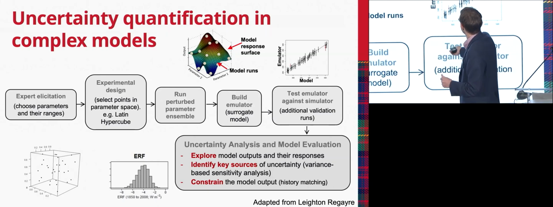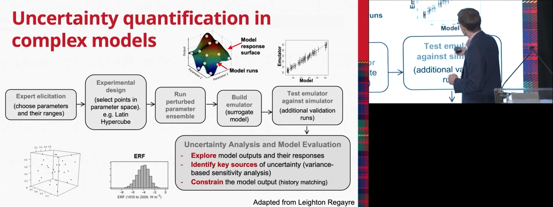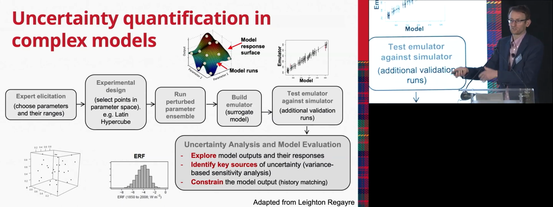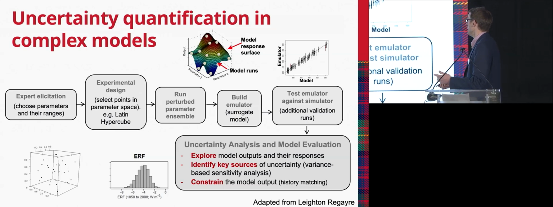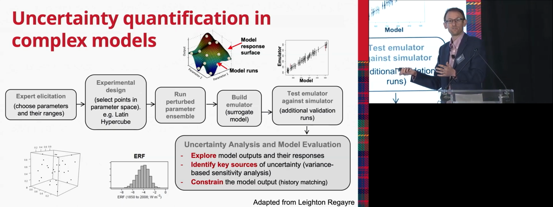So that emulator uses this Gaussian process emulation technique. We can test this, and then we can explore which model parameters, whether the smoke emissions or the cloud properties, are more important to determining the overall uncertainty in the radiative balance that we get from the climate model.